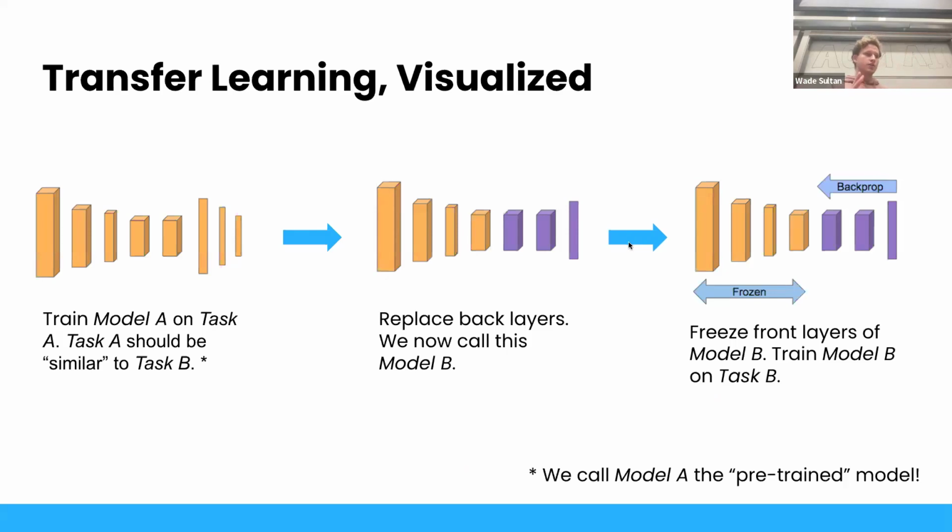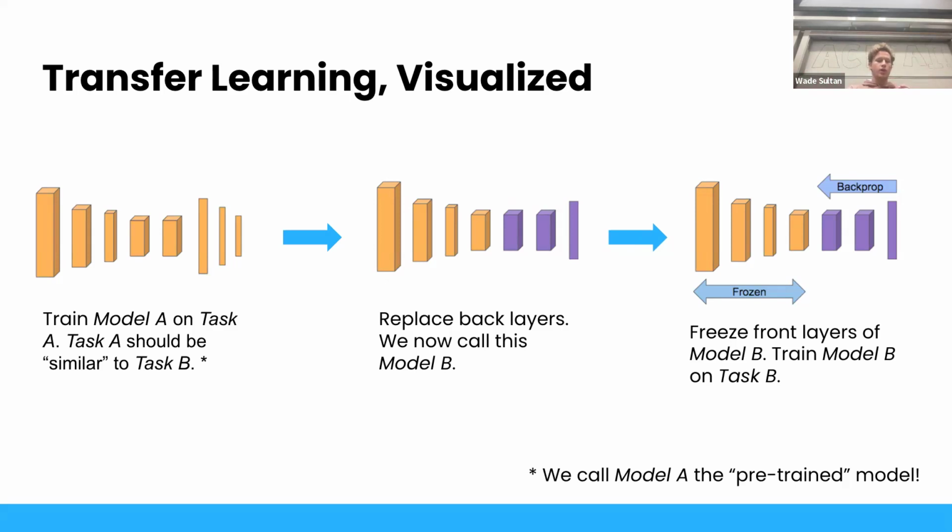So as far as how this actually is implemented, we have model A, which we call the pre-trained model. Then we replace the layers at the end, and we call that model B. So it's similar, but different, with different layers at the end.